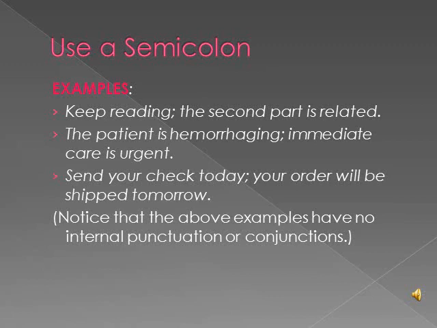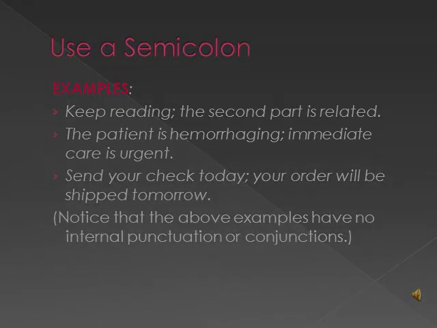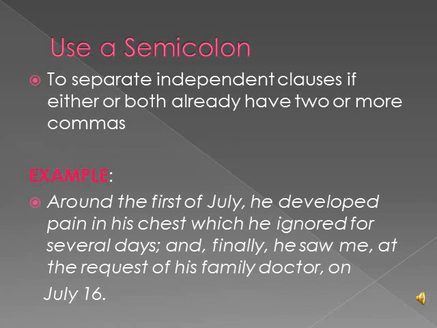Let's look at our next example of when we use semicolons. We're going to use a semicolon to separate independent clauses if either or both already have two or more commas. So let's look at our example here. Around the 1st of July, he developed pain in his chest, which he ignored for several days; and, finally, he saw me, at the request of his family doctor, on July 16th.